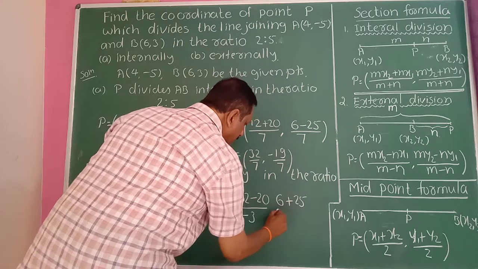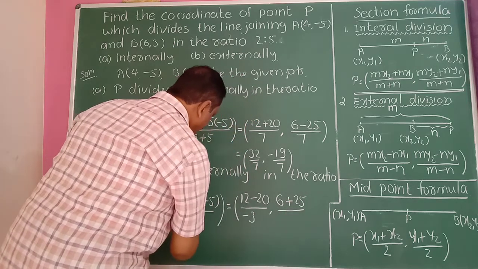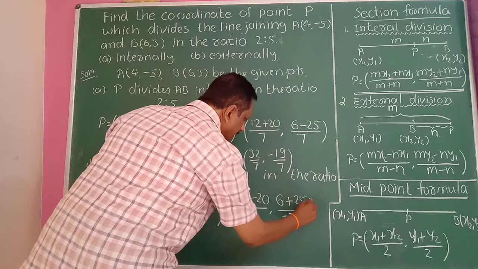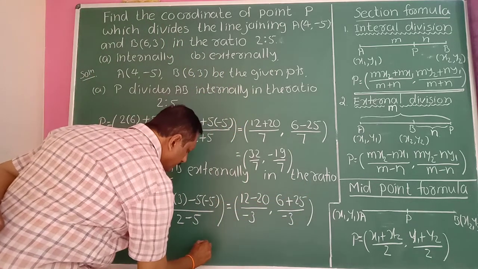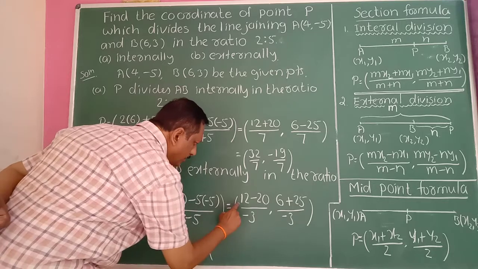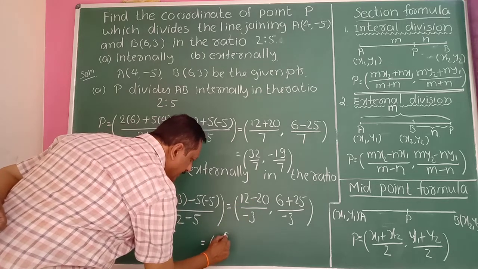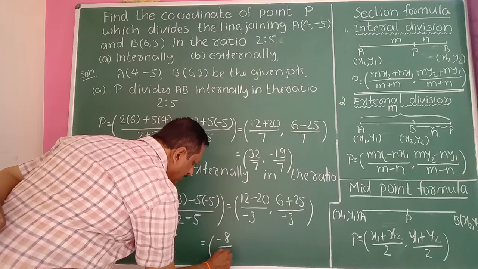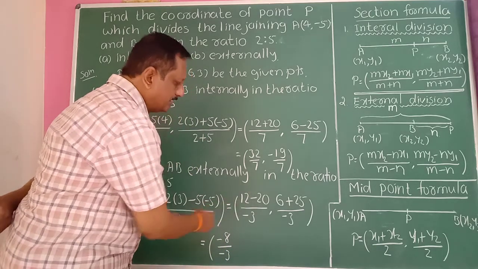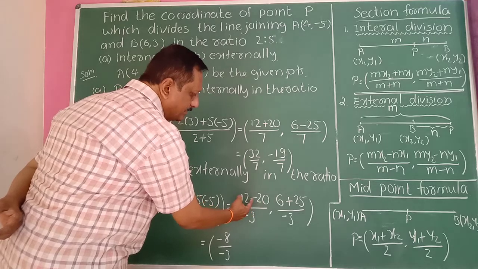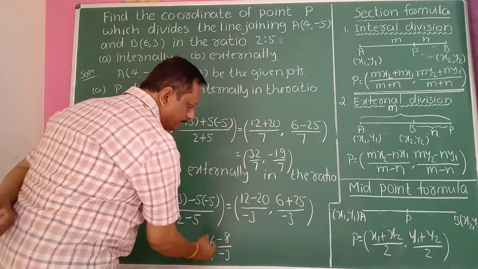So 25 divided by 2 minus 5, which is minus 3. So this is equal to 12 minus 20, which is minus 8. Minus 8 upon minus 3. One is positive and the other is negative, so subtract, and the bigger number's sign is minus, so we write minus 8.